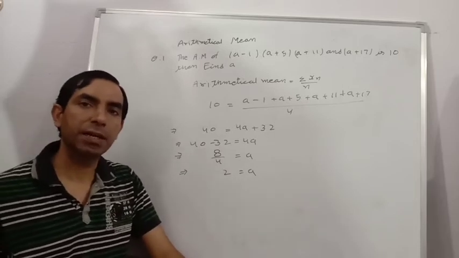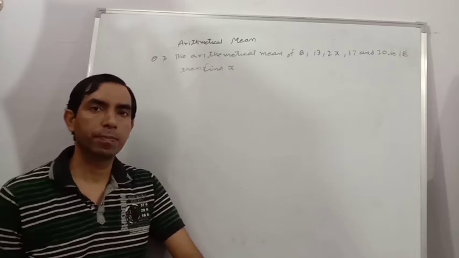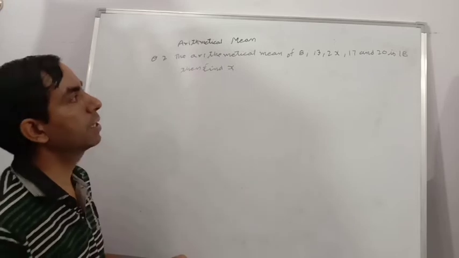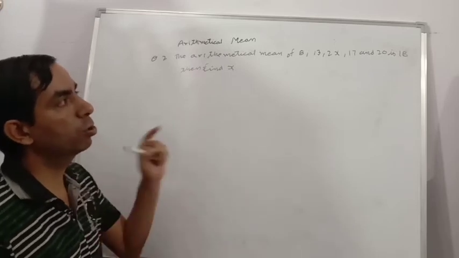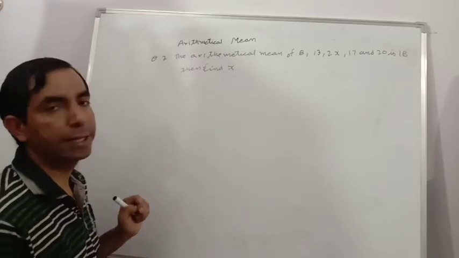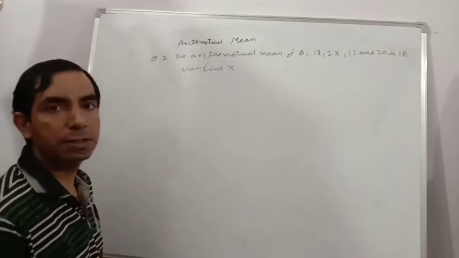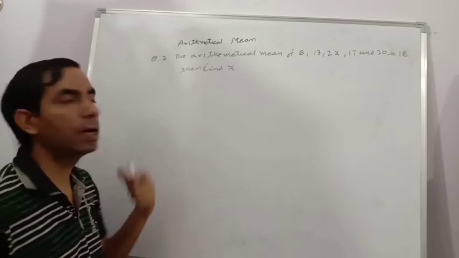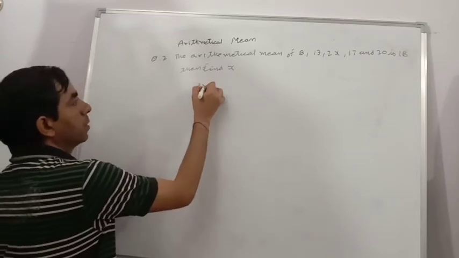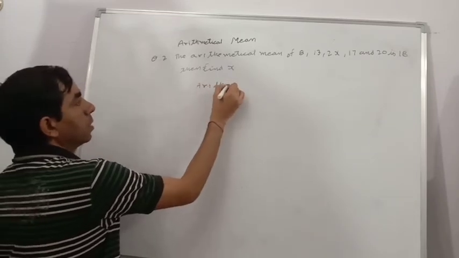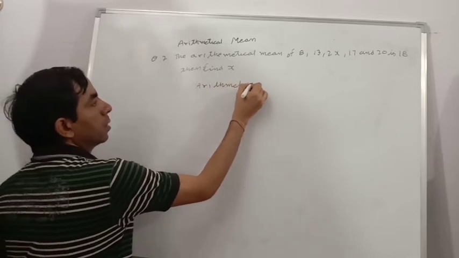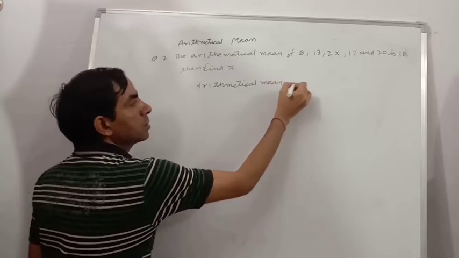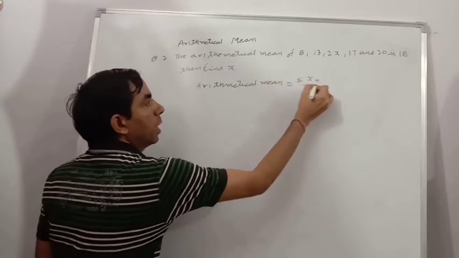So let's take another question. Here we have been given the arithmetical mean of 8, 13, 2x, 17 and 20 is 18. Then find the value of x. We know that if we are given the arithmetical mean, then we use the formula of arithmetical mean, that is summation of xn upon n.